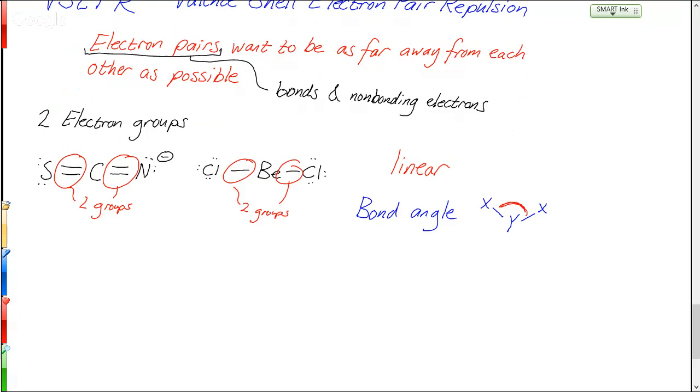And for a linear structure, what is the bond angle? What is that angle if you have a linear structure? Yeah, 180 degrees. So for a certain number of electron groups, there's always going to be a geometry, a shape, and a bond angle that you can identify this by. So if you have 2 groups, we call that linear, and the bond angle will always be 180 degrees.